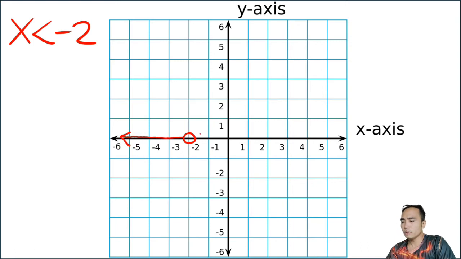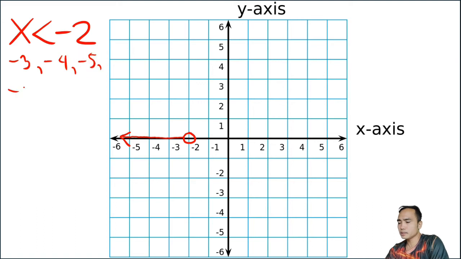We draw an open circle, meaning negative 2 is not included in our solution set, because negative 2 less than negative 2 is false. So we have the solutions negative 3, negative 4, negative 5, negative 6, and all the numbers going to the left.